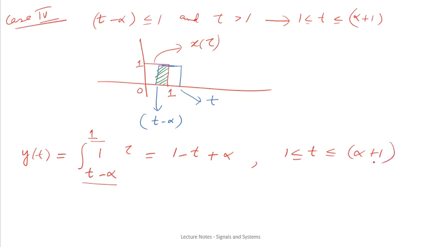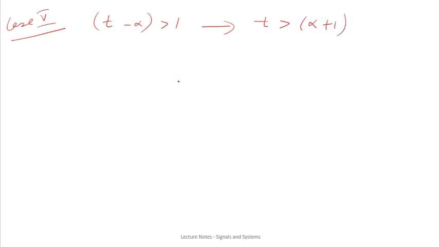And then the last case, that is case 5, if t minus alpha is greater than 1, that means that t is greater than alpha plus 1. In that case the waveforms are represented like this.